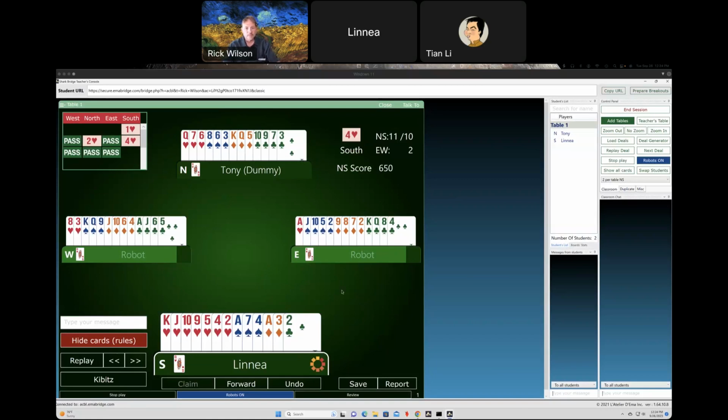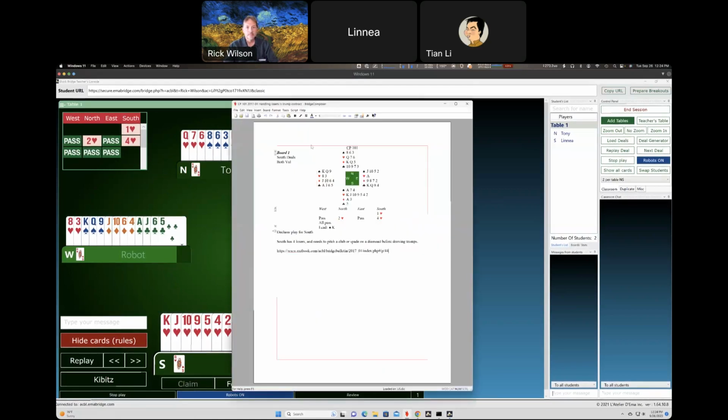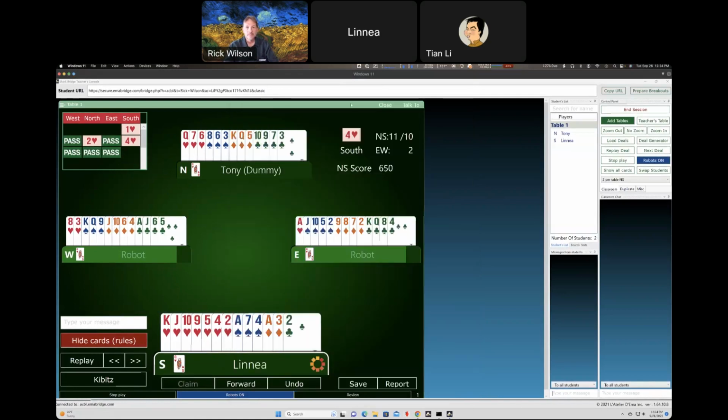Okay, so then one of the questions that I frequently have is, admittedly, that singleton 2 of clubs, I've already counted that I've got 7 hearts, 1, 2, 3. But still in all, I upgrade my hand because I've got a singleton. If that were a doubleton, I'd be a little less inclined to make the jump.